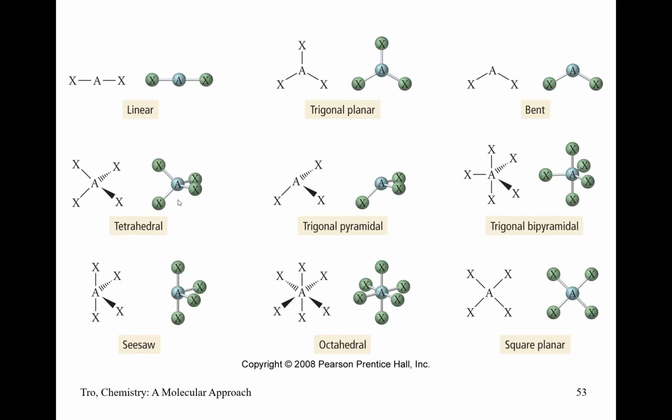And so the way you can show this on a piece of paper, two-dimensional with these wedges, is that the two XA bonds are in the plane of the board, and this X is going away behind us, and then this X, the lower right one, is coming out towards you.